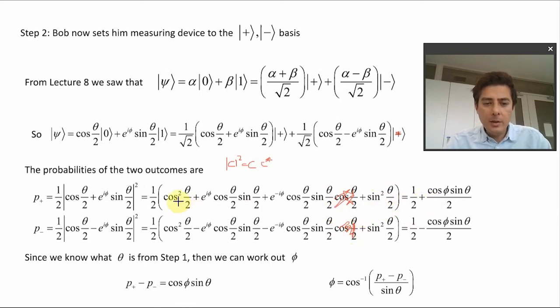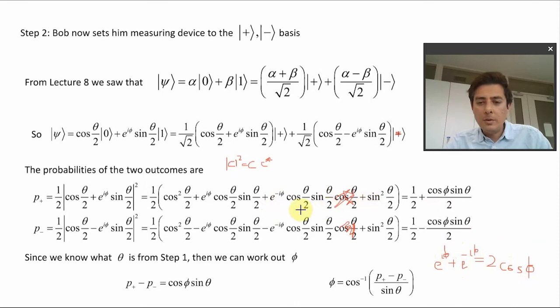And cosine squared plus sine squared is 1. Got this factor of a half everywhere, so it's that. And here we've got the same factor, cosine theta over 2 sine theta over 2, and e to the i phi plus e to the minus i phi. So remember, e to the i phi plus e to the minus i phi is equal to 2 times cosine of phi.